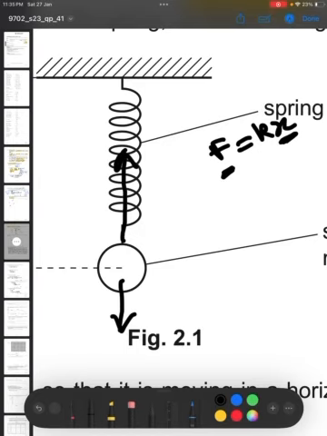But the sphere, which is pulling downwards because of the weight, is applying a downward force on the spring. I hope that we understand that. And that downward force is what we call the load, which causes the extension. That downward force is being applied by the sphere on the spring. But the spring is applying an upward force on the sphere to obey Newton's third law.